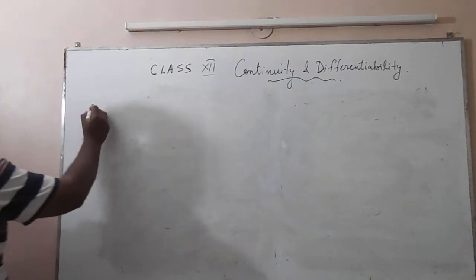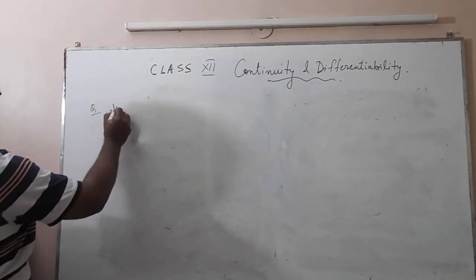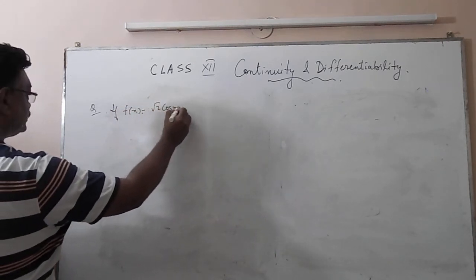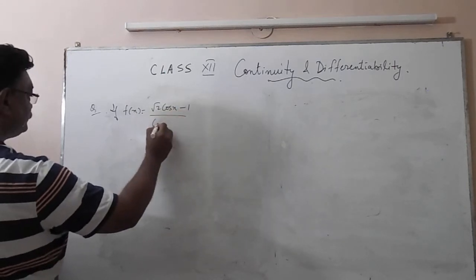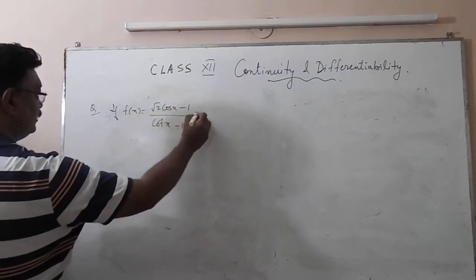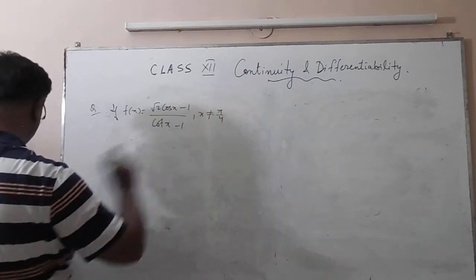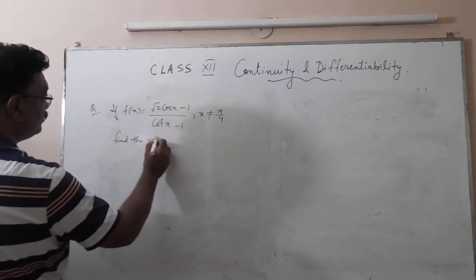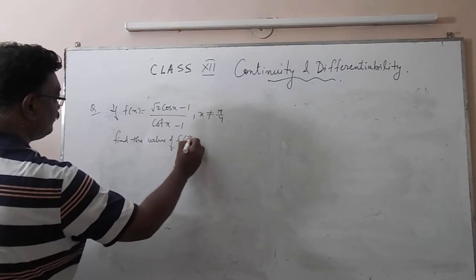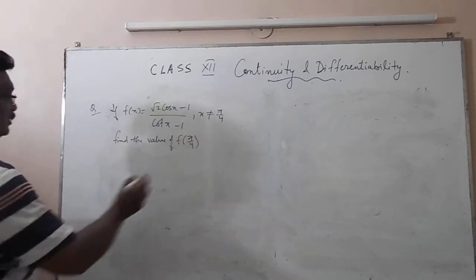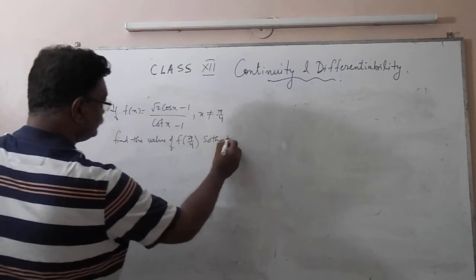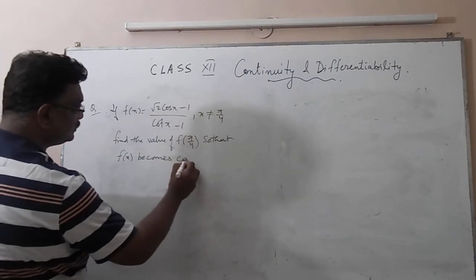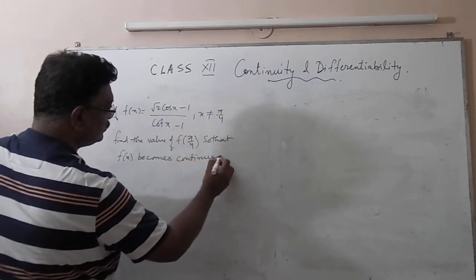Now, this question is, if f(x) is equal to root 2 cos x minus 1 upon cot x minus 1, where x is not equal to pi by 4. Find the value of f(pi by 4) so that f(x) becomes continuous.